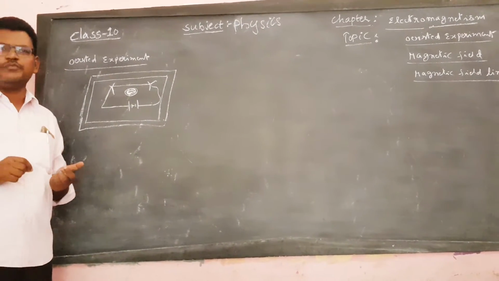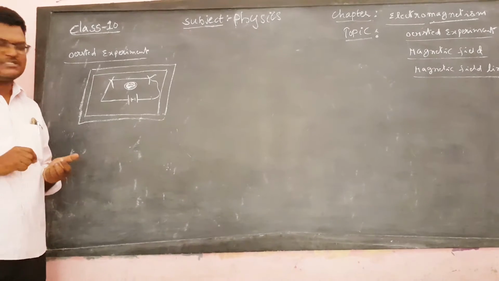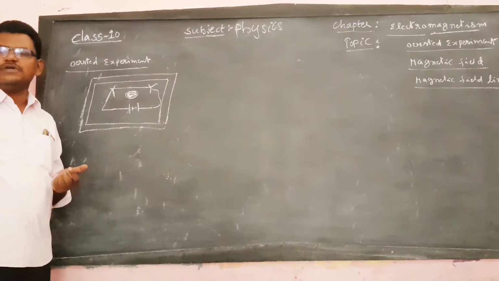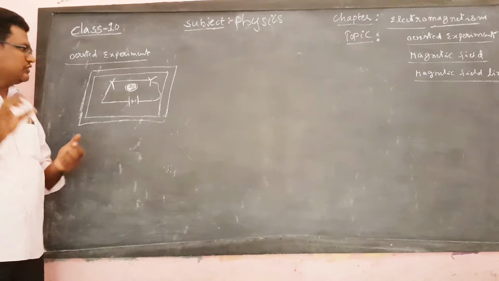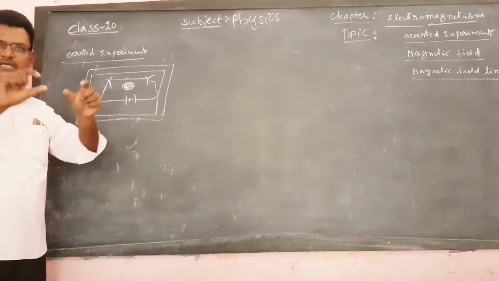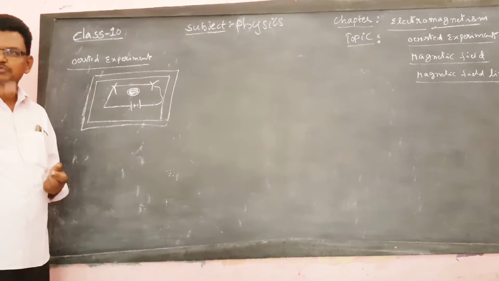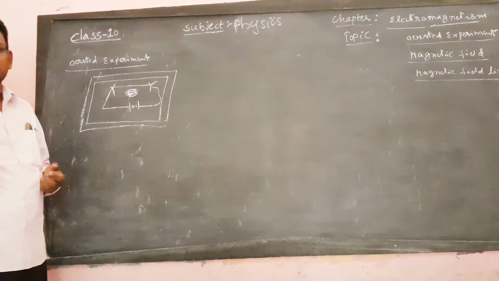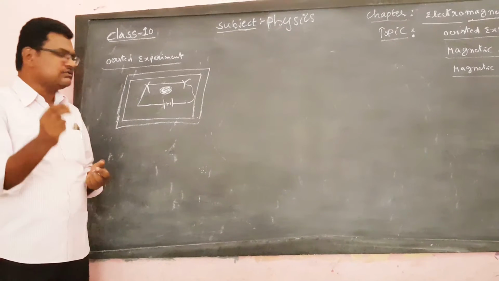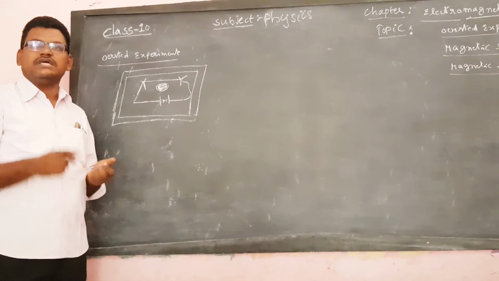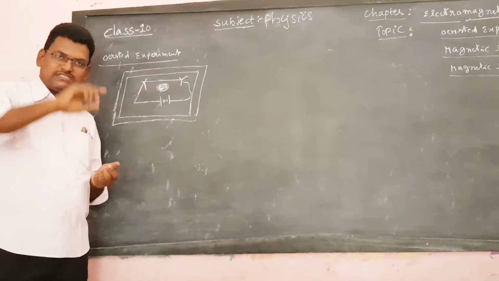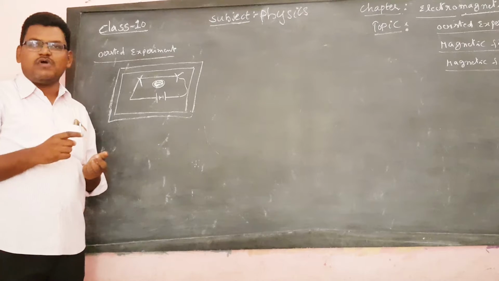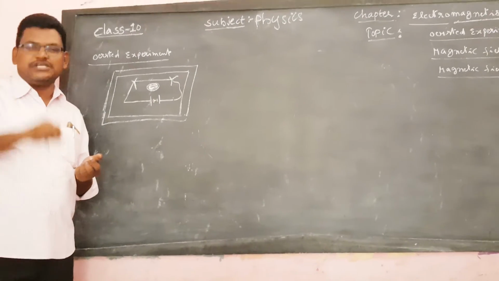This is very important. If asked to explain the Oersted experiment, you simply write: take a battery and make a simple circuit. Take a compass box under a wire. As long as current flows through the wire, the magnetic needle deflects.